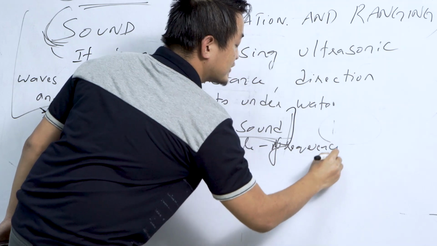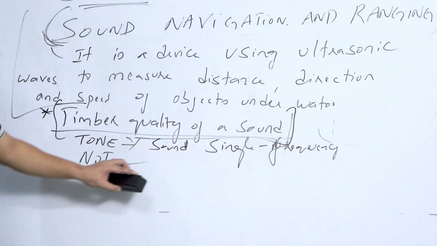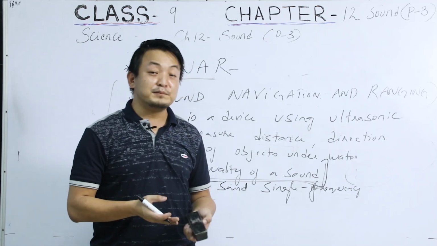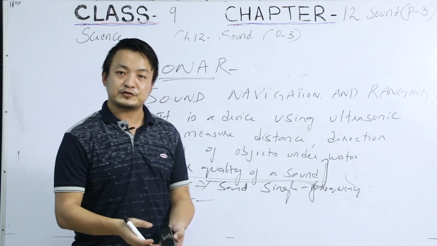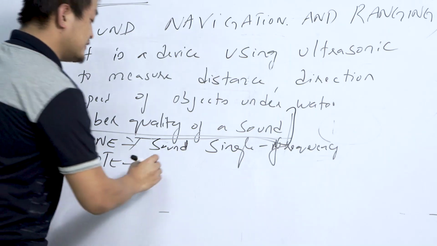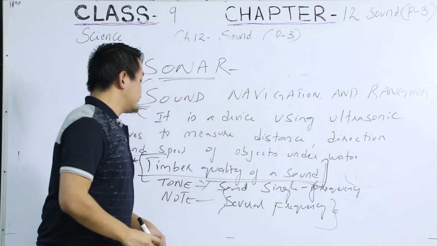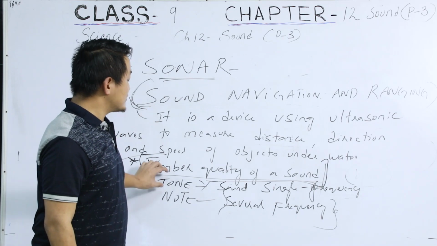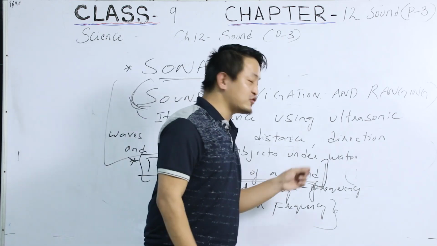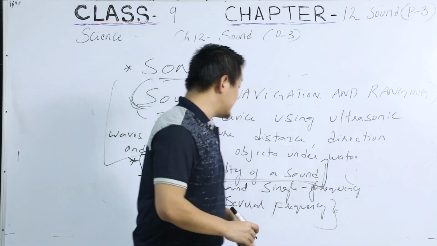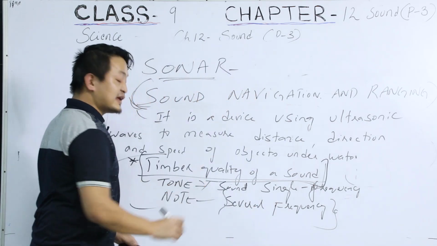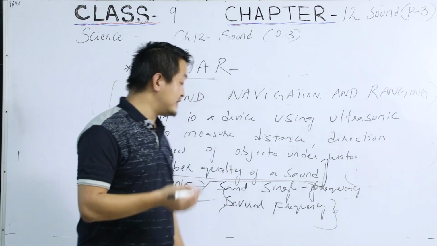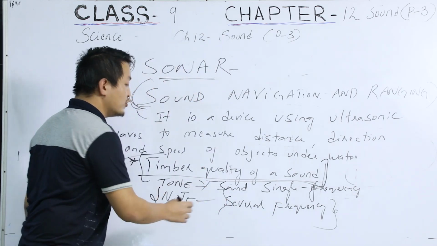And what is a note? A sound that is produced because of a mixture of several frequencies. A mixture of several frequencies is a note, and a tone is a sound produced because of a single frequency. Clear? Music is an example. Music is pleasant to hear, and that is an example of a note.